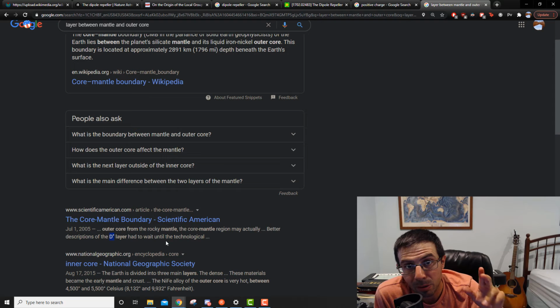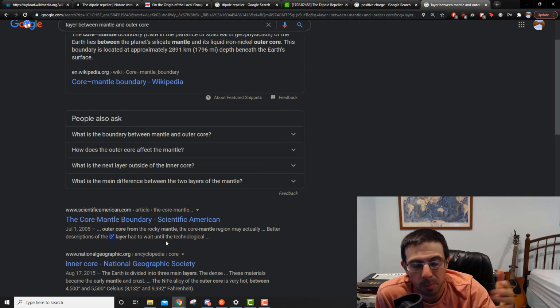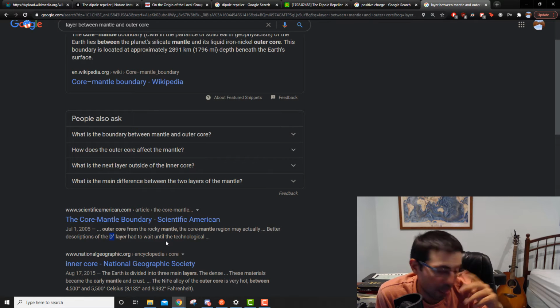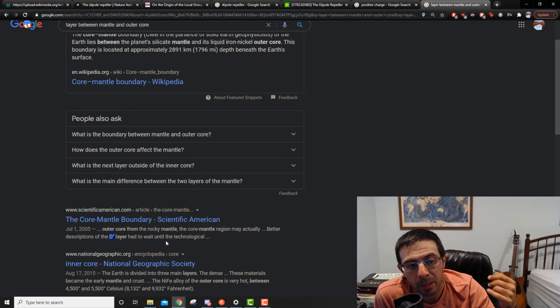So if the Earth is hollow and the outer core is gaseous, where whatever life forms there are breathing the outer core air, then that would mean the D double prime layer is the inner crust.